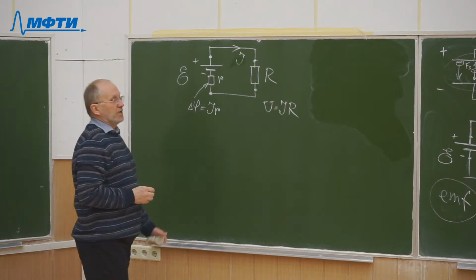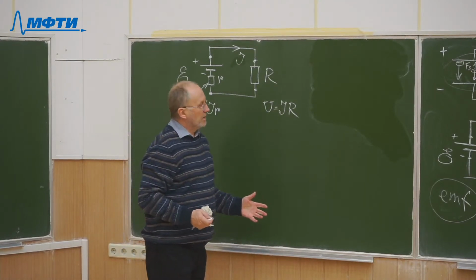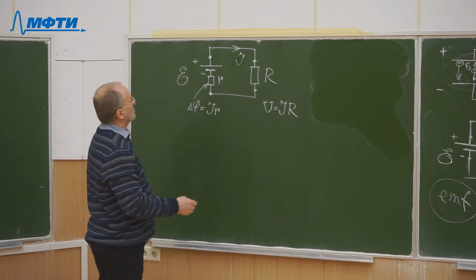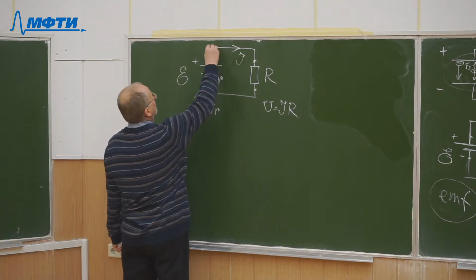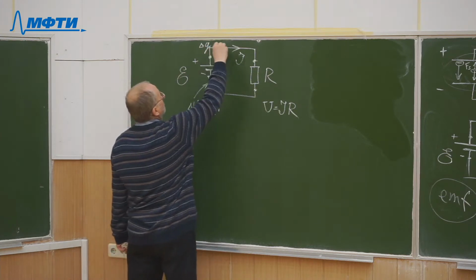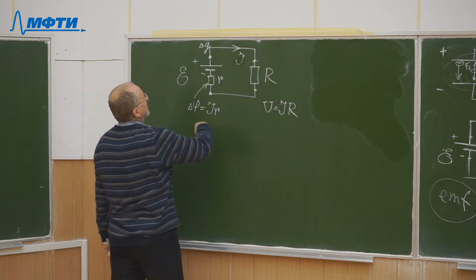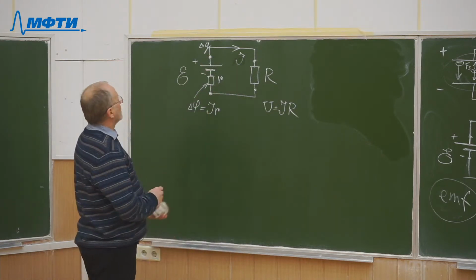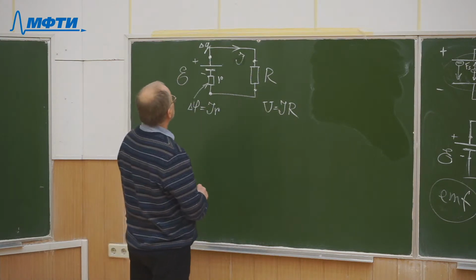You know that the potential difference is defined through a work which is needed to carry a charge. So let's suppose that some small charge, delta Q, goes around this circuit, and when it returns to the same point, the total work produced by electrical forces must be the total potential difference.